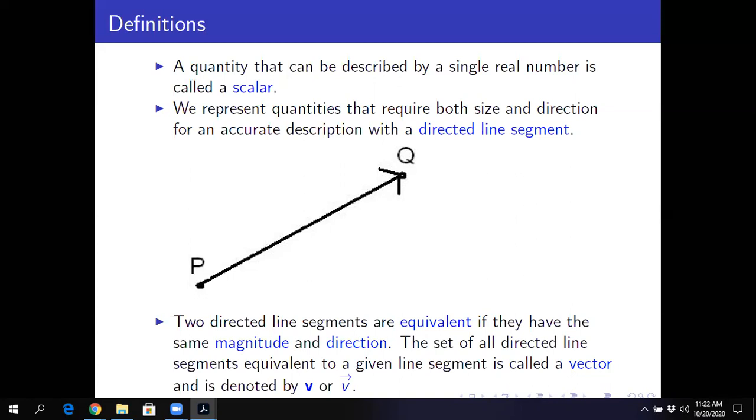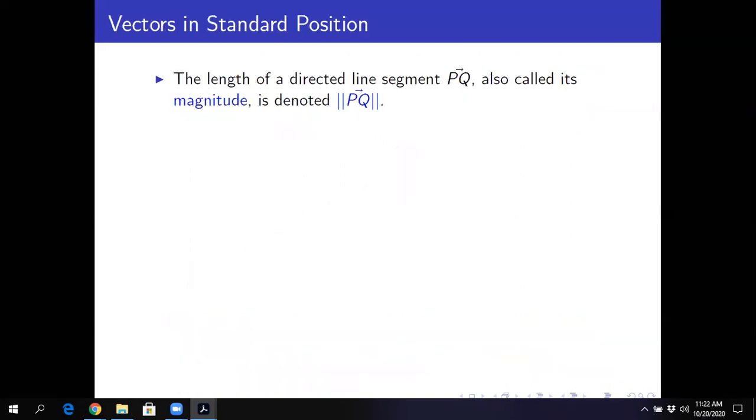Any questions so far? So this stuff's like just pretty standard stuff as far as vectors are concerned. Since we're interested in length and direction, we need to have a way of notating length. Okay, so the length of a directed line segment PQ is also called its magnitude.